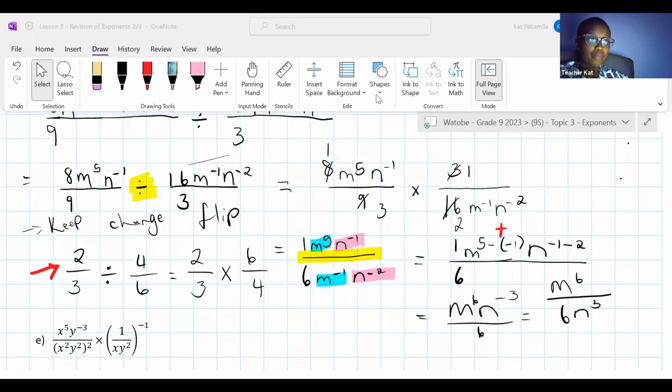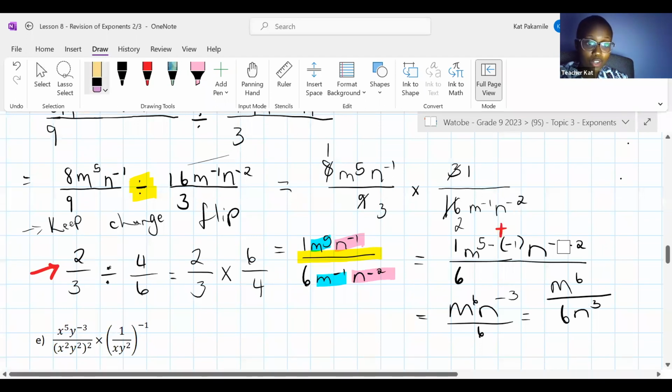Ma'am, I'm not sure if it's me or you, but I think I see one mistake by the brackets: n minus 1 and n minus, and n minus 1 minus 2, ma'am. Because wasn't there a minus 2? Oh, yes, there was. I see where you're looking now.